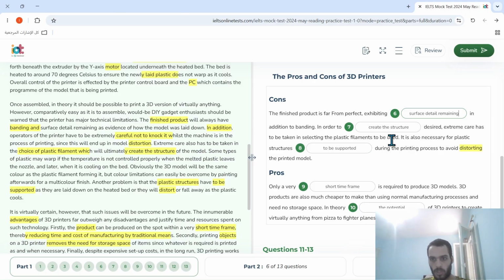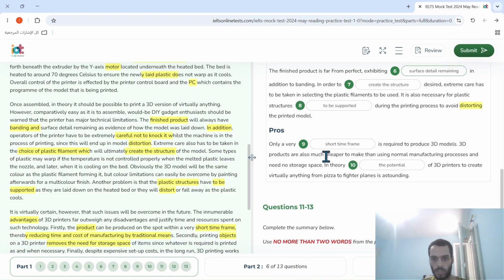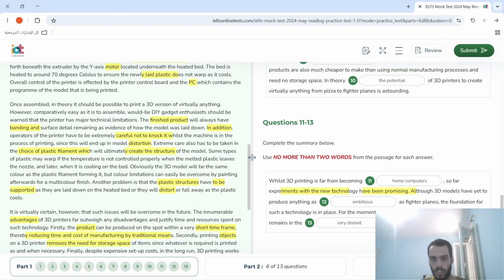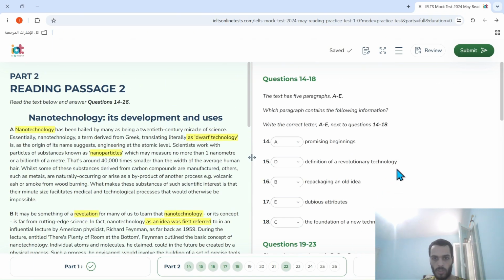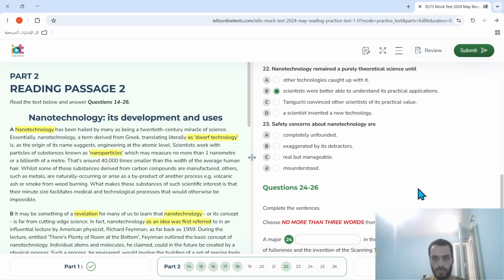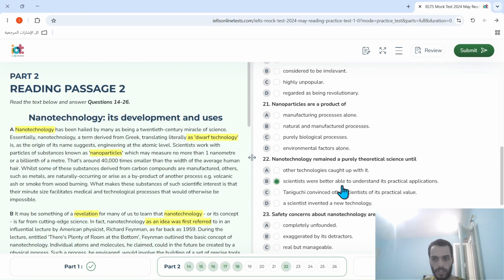So to be supported, create the structure, surface detail remaining, in addition to banding. Home computers and pages, very distant. Okay.